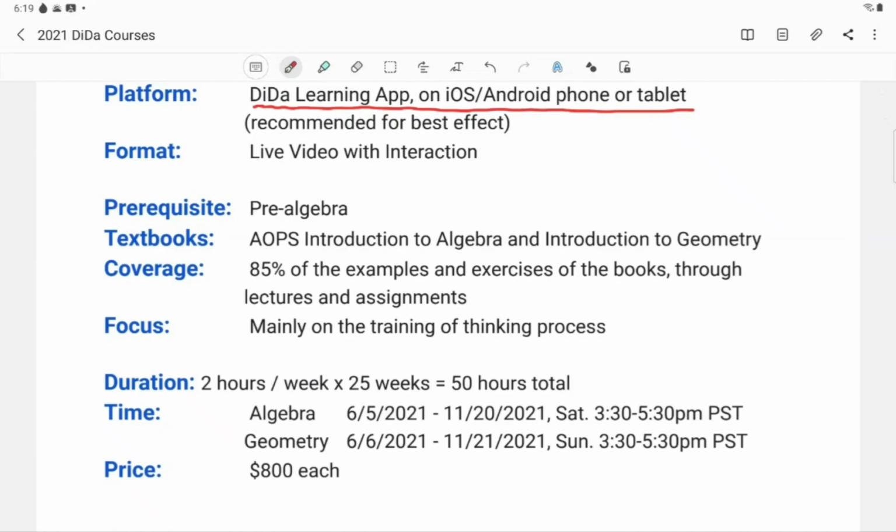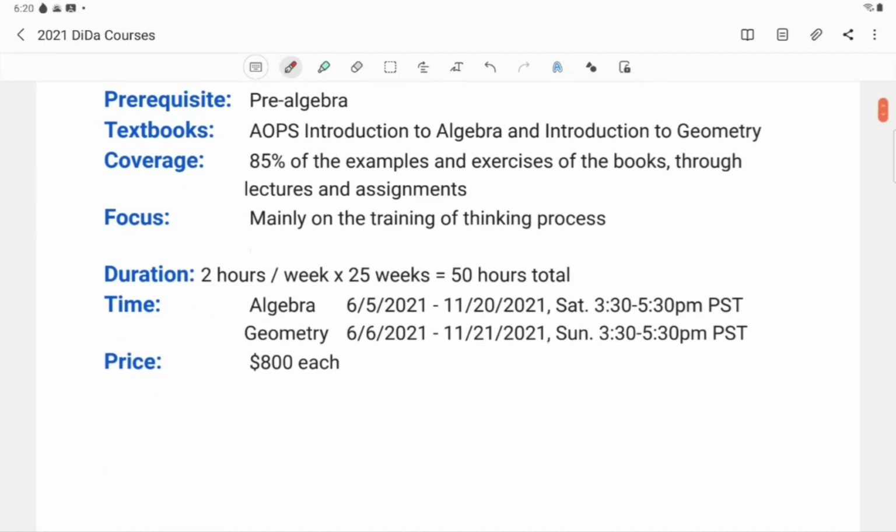For these two classes, they are both 25 weeks for a total of 50 hours, with 2 hours per week. They both start at the beginning of June and run until the third week of November. It's a half year, 25 weeks.